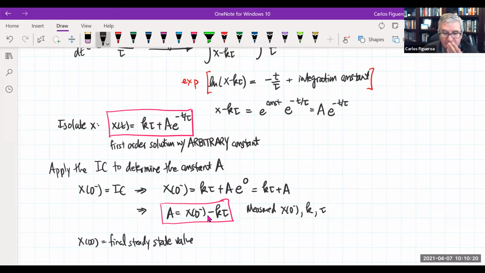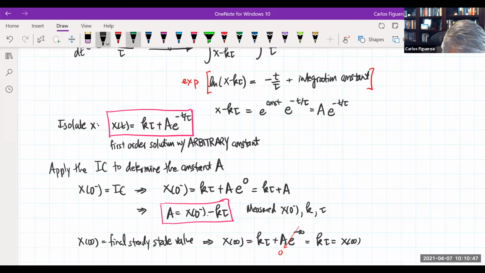If I do that, there's some really beautiful things we can see, because now x at infinity for our solution looks like k tau plus A e to the minus infinity. And of course, anything to minus infinity is 0. So that tells us that this guy is equal to x infinity.